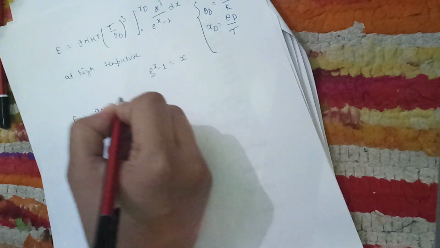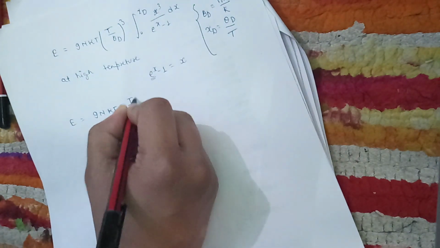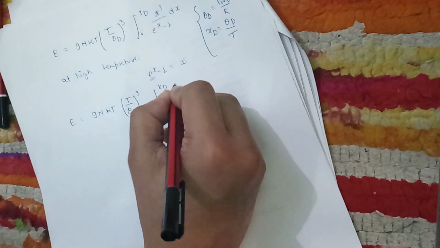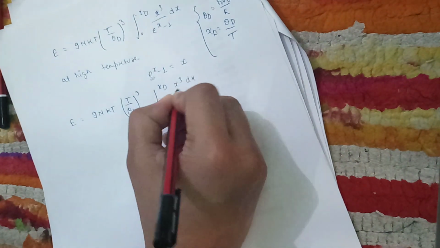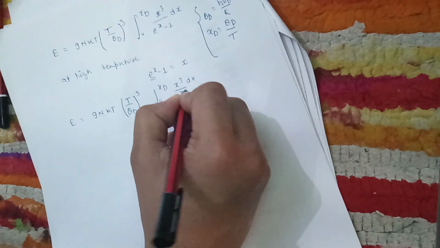So this will become 9n kt times t by theta d whole cube, integral 0 to xd of x cube dx upon x, which will become x square.